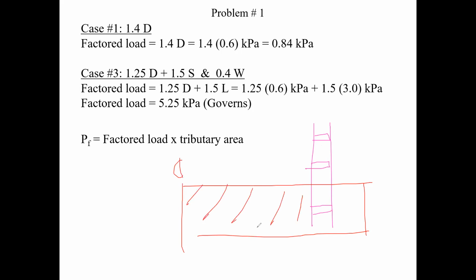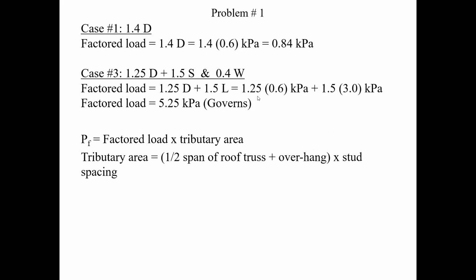That's the tributary that each stud is going to be carrying. So therefore, half the roof span plus the angle plus the stud spacing should give you your tributary area, assuming that the roof truss is spanning from exterior wall to exterior wall, which is usually the case. And therefore, I end up getting a tributary of 2.7 meters.